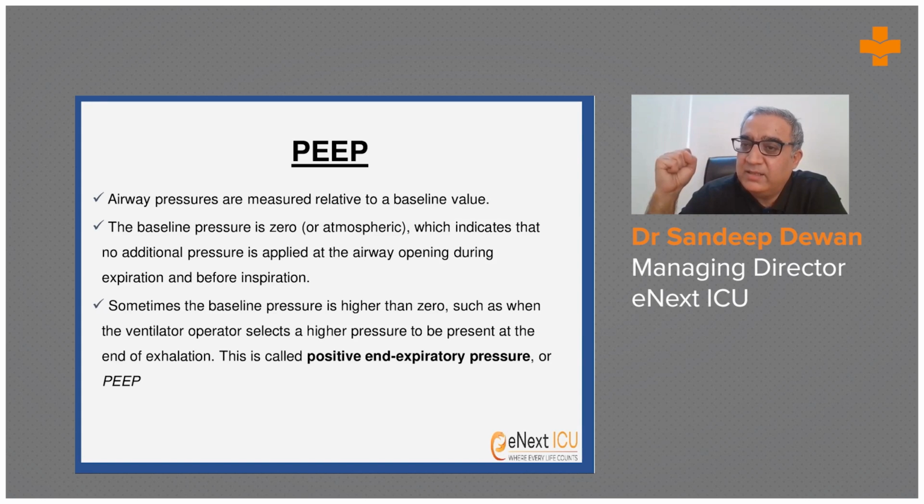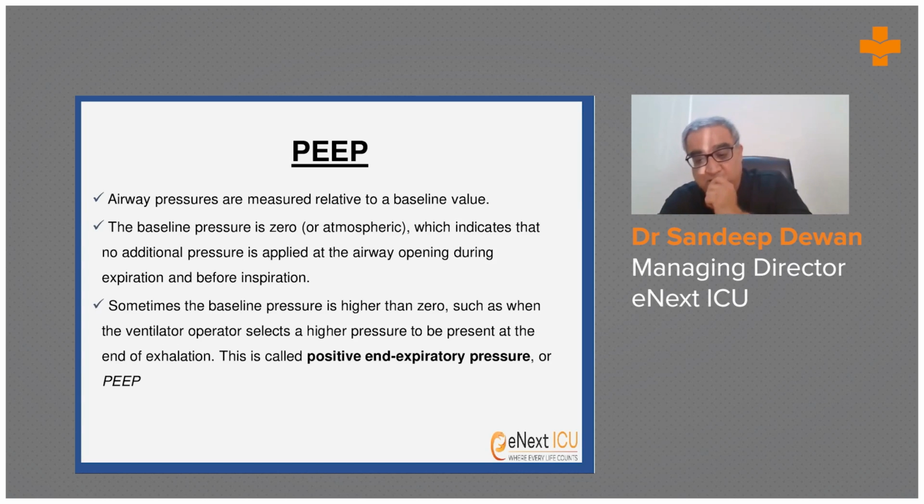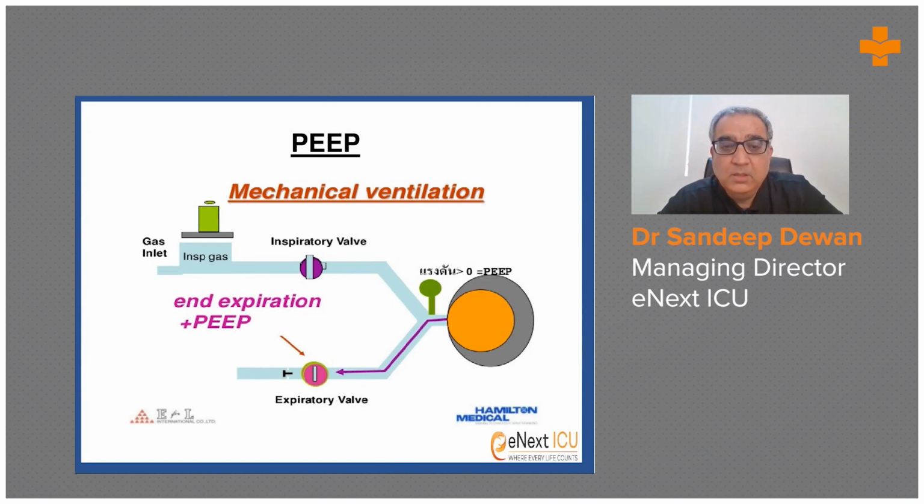So rather than this, it becomes this. There's some pressure at the end of expiration. That is why every patient on a ventilator is given a physiological PEEP of 5. And as the disease progresses, we keep on increasing or decreasing the PEEP depending on the oxygenation. Through a diagram, I can again explain.